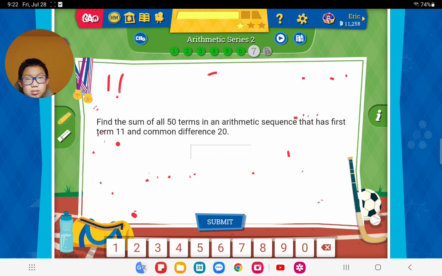The first one is 11. Okay. So the second one is 31. Yes. The 50. This is the 50 terms. How much is the difference between the first and the last? 1000?